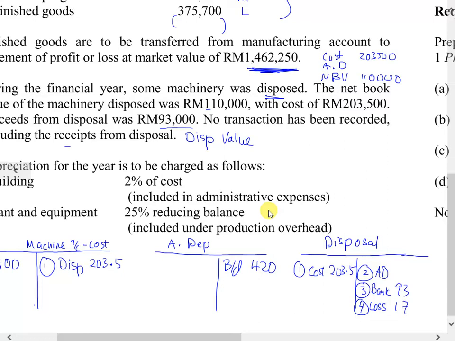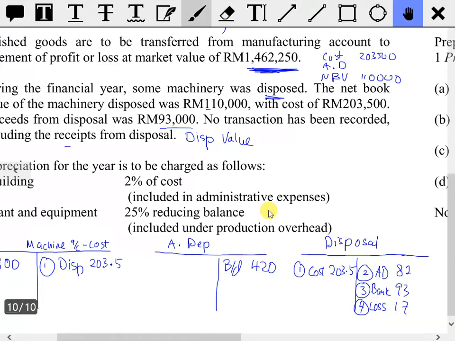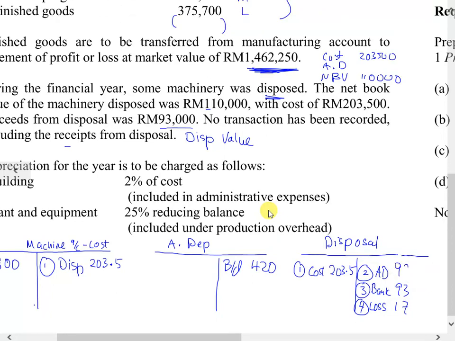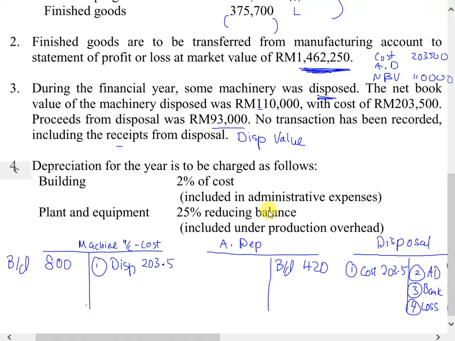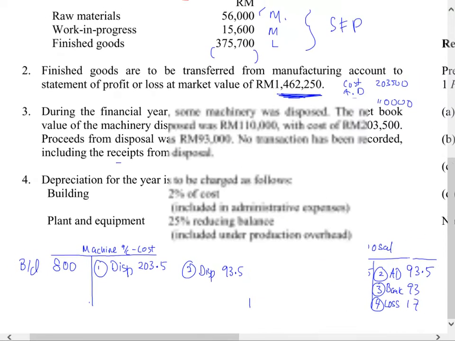Sorry. 82.5. 93.5. And disposal, this point number 2 here, step number 2, we know is taken from here. 93.5. Disposal done.